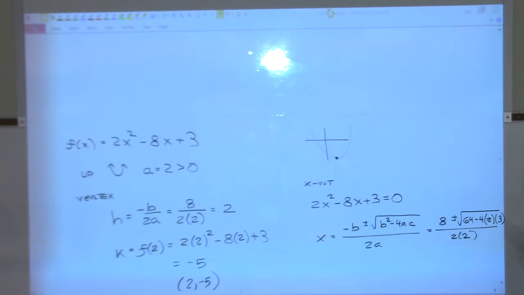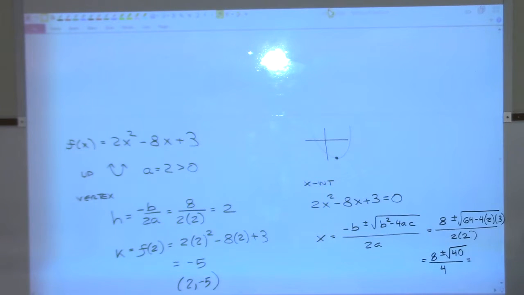And you want to be real careful with your signs over here, right? So what is that going to be? 64 minus 24, which is 40. So this is going to be 8 plus or minus the square root of 40 over 4. And this is where you get on your calculator and you figure out what the square root of 40 is, right? 6.32. I got 3.58. Square root of 40? Oh, not the square root of 40. Oh, you mean as a final?